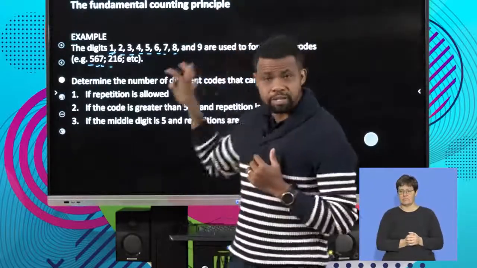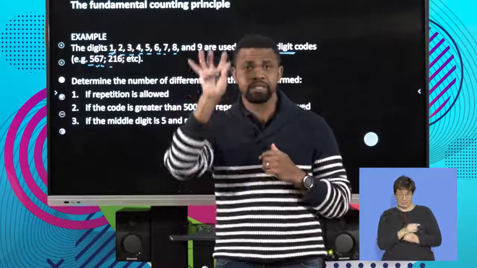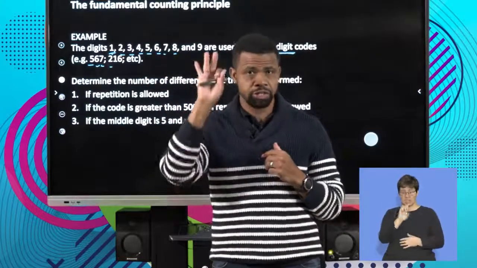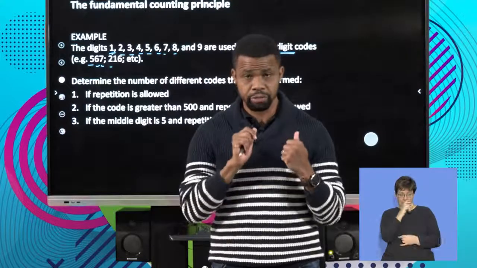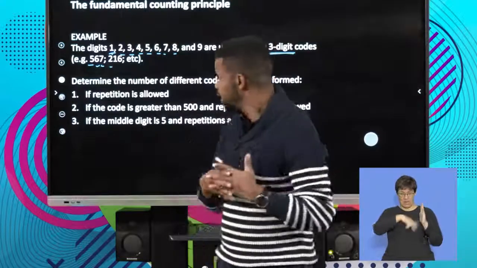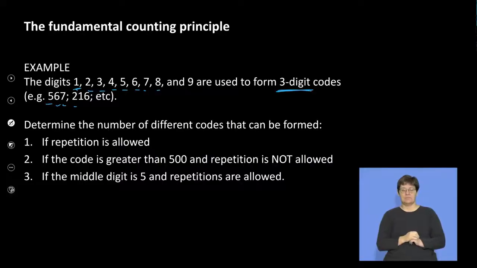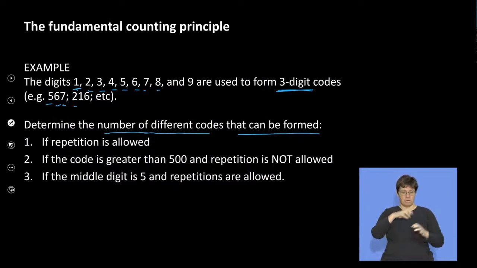So make sure you understand the question. The question is, we're forming a code which is a 3-digit code. Very important, you read the question. We understand that. Now the question is, determine the number of different codes that can be formed if repetition is allowed. We have defined what repetition is initially.